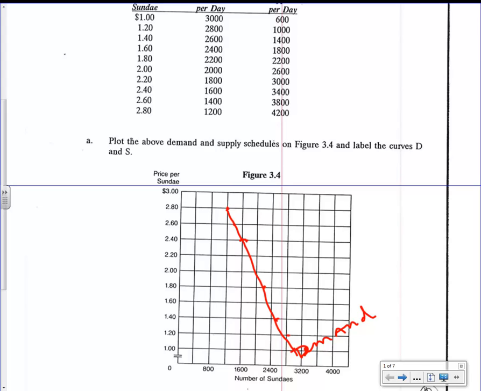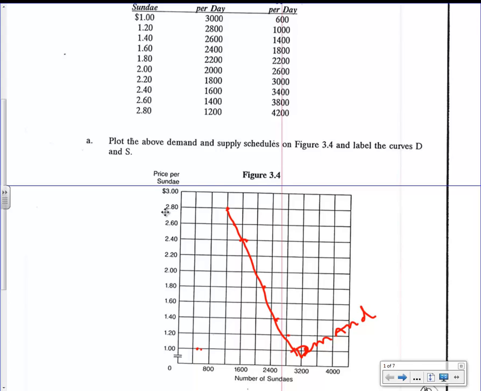Now let's go to your supply curve, quantity supplied. When we have $1 as our price, we have 600 supplied. Then I'm going to come over to $1.60, and when we have $1.60 for our price, we have 1,800.